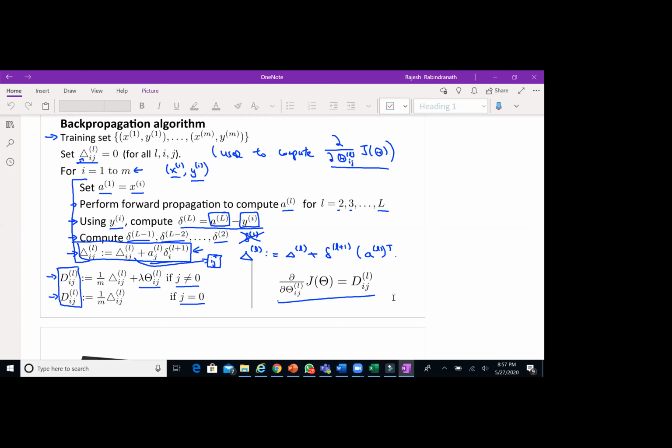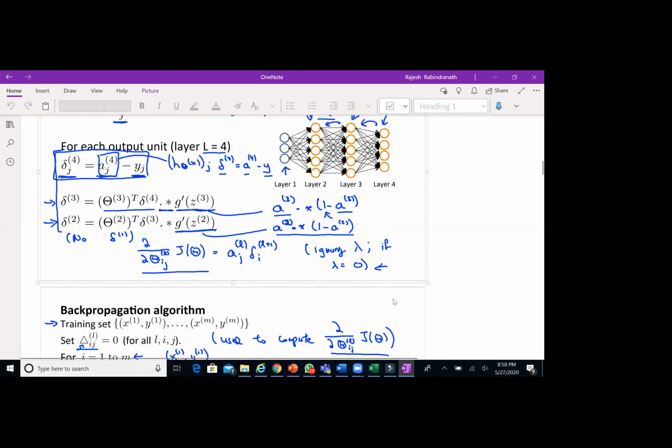Then this error vector has to go back. You have to calculate the error vector in each of the previous layers until the beginning. The first layer will not have any error vector, and using the error vectors, you calculate the actual partial derivative.